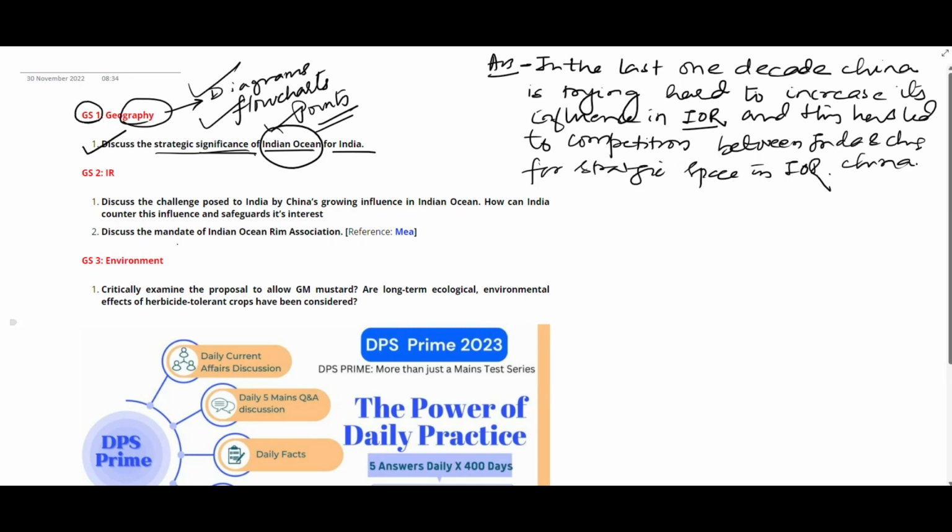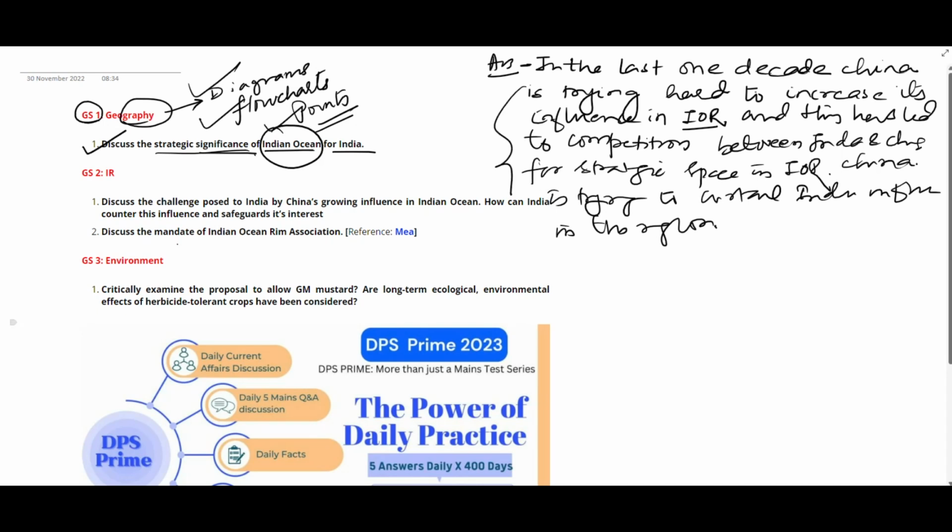China is trying to curtail India's influence in this region. So I have given the context.